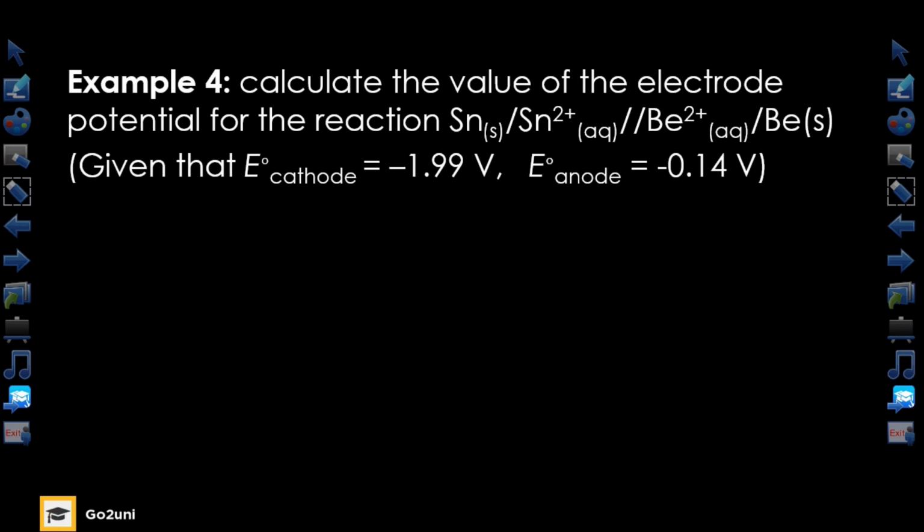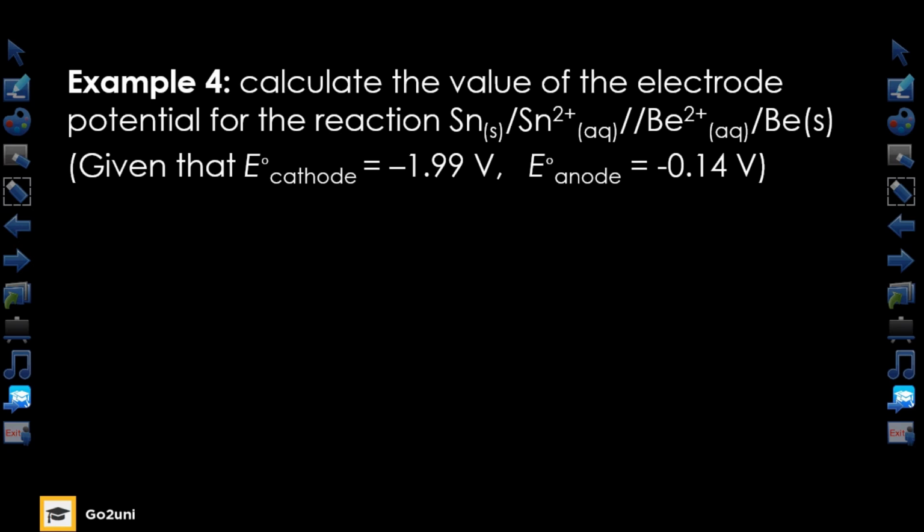Oxidation takes place at the anode, while reduction takes place at the cathode. Since beryllium has been reduced, reduction takes place at the cathode and oxidation takes place at the anode.